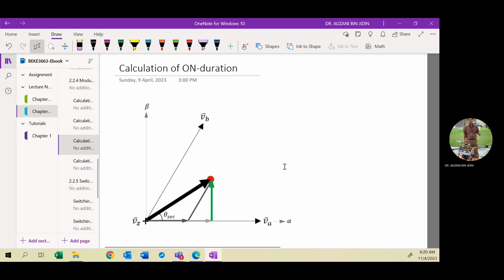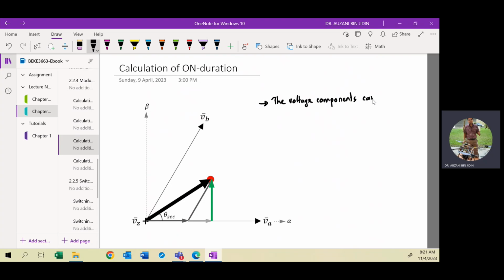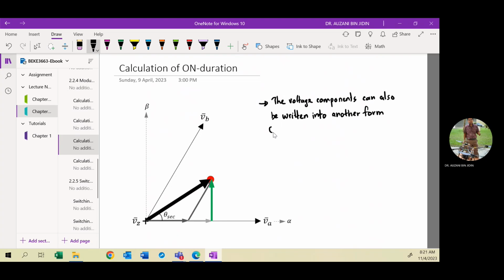Then next page here. Okay, so the voltage components of the space vector can also be written into another form, in terms of the magnitude of the space vector.